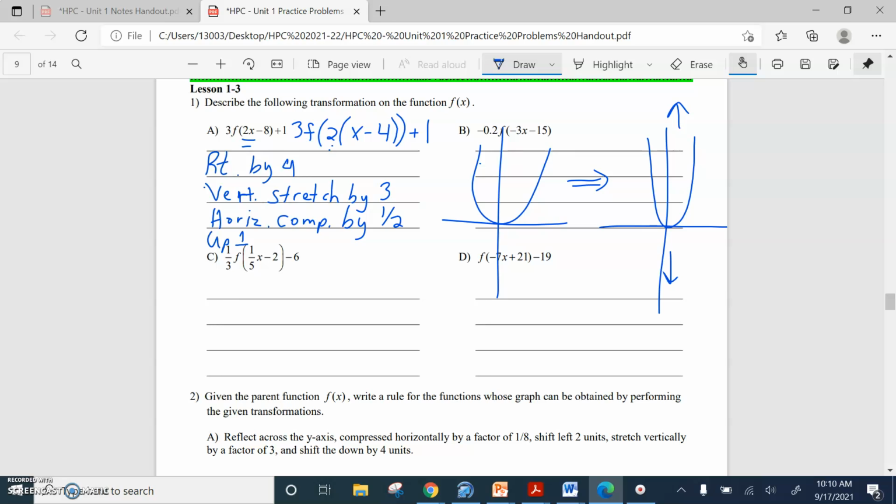But at the same time, instead of describing it horizontally, if we looked at that and it was caused by a number out front, like a 3, we actually look at that as a vertical stretch. So visually we have the same transformation, or close to the same transformation. It goes from wide to narrow, and we describe that in one direction as a compression and in the other, vertically, as a stretch.